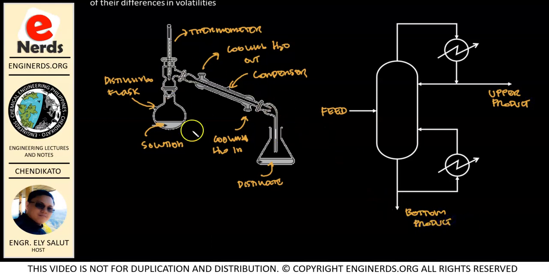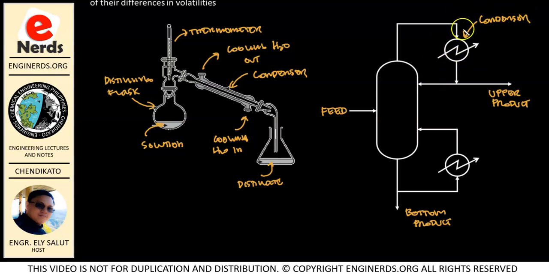So, dito sa ating simple distillation column, we have a condenser. So, in this diagram, our condenser is this one. So, alam na natin yung purpose ng ating condenser. We are cooling down itong ating vaporized na solution dito. So this actually functions the same.